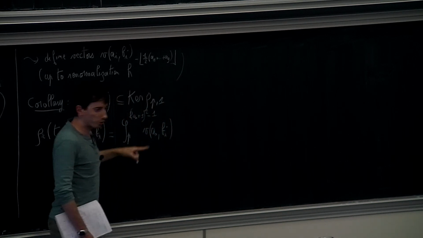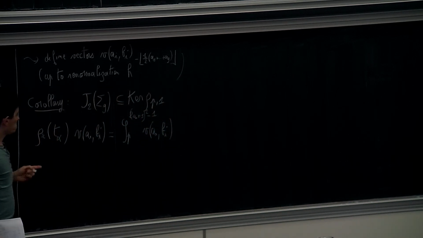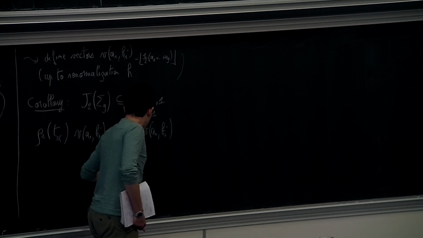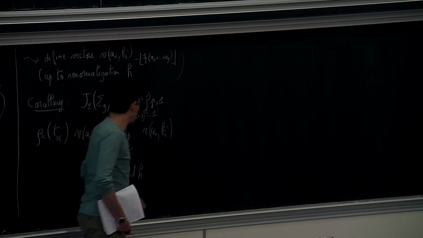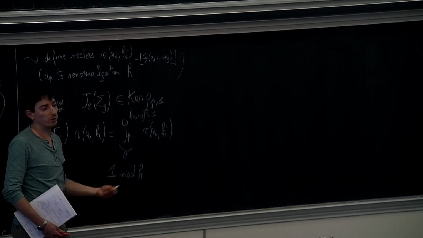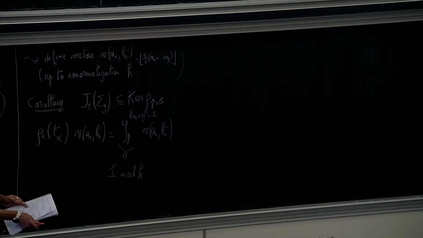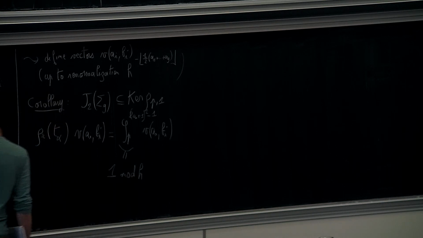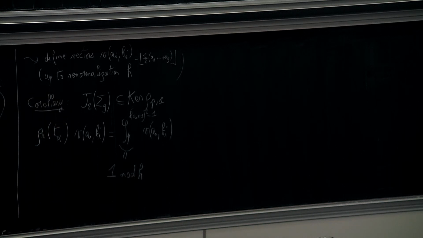Here, this is the color corresponding to the edge. And this is 1 mod h, because h is zeta_p minus 1, so zeta_p is 1 mod h. So here, all the eigenvalues of the twist corresponding to this are equal to 1. So this twist is sent to the identity.